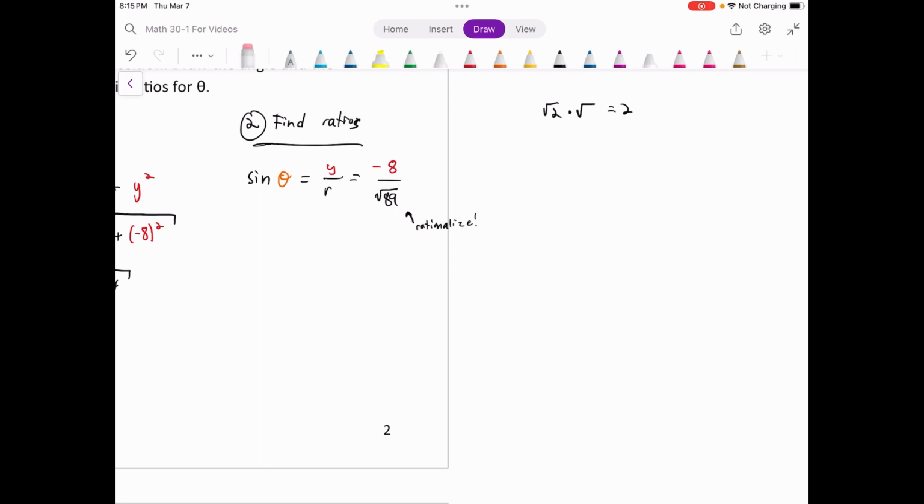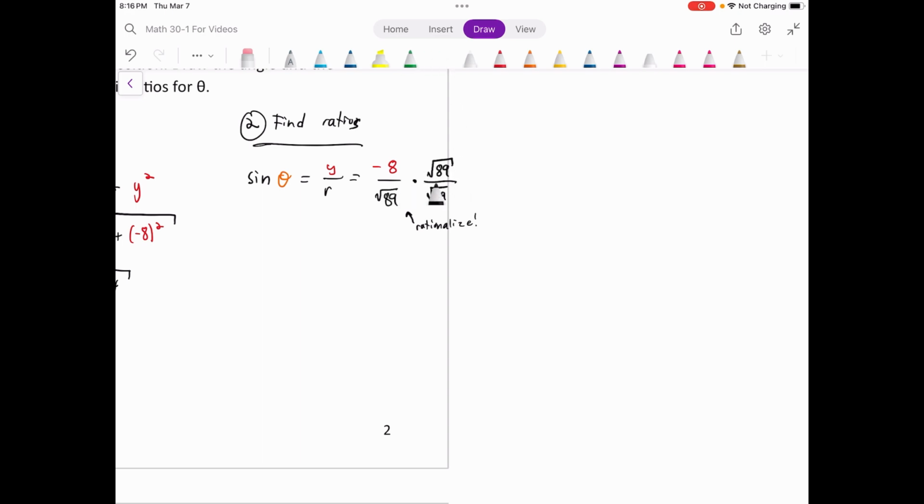So how do we get rid of a root 89? Well, we could multiply it by a root 89. But obviously, we can't just multiply by 1 over root 89, because that would be changing what this fraction is, right? The only thing we're allowed to multiply something by without changing what it represents is 1. So I can multiply by 1, but I can choose to represent my 1 in a carefully chosen way, because this is just 1.